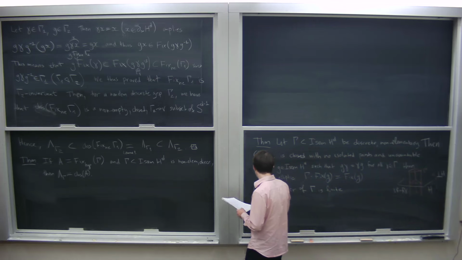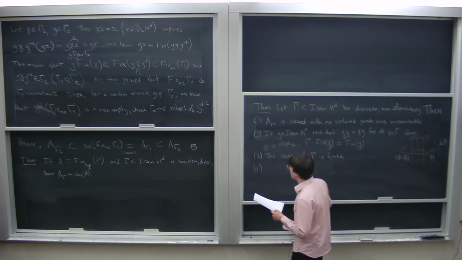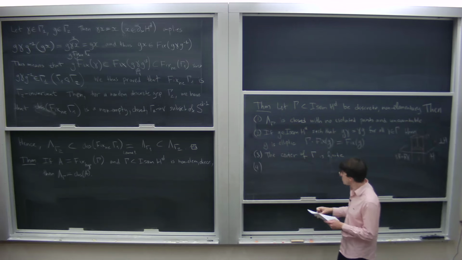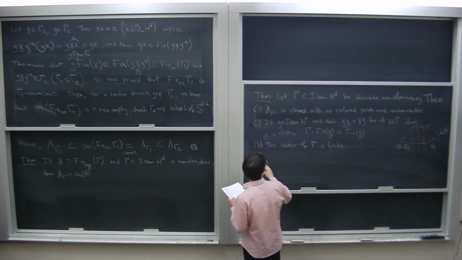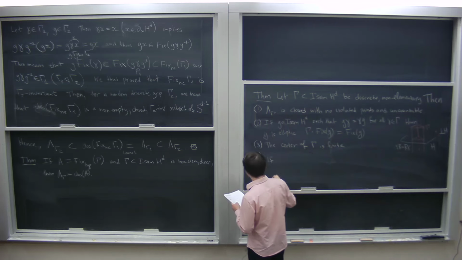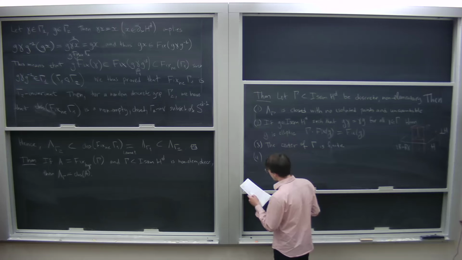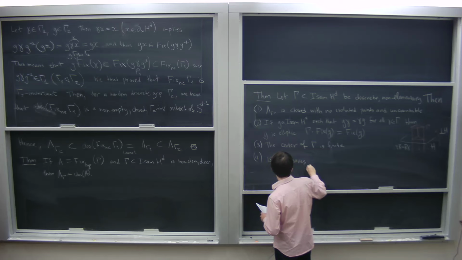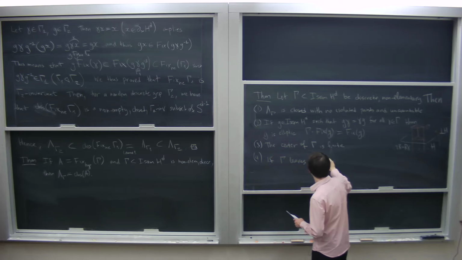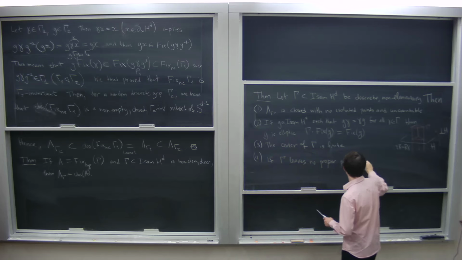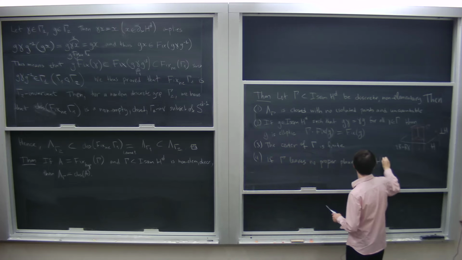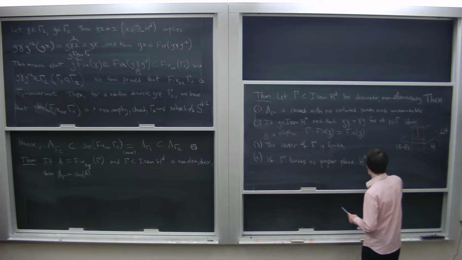And part number 4 is somewhat related to Zariski density. So also, if gamma leaves no proper plane invariant, so it is going to be some HK sitting in HD, right?